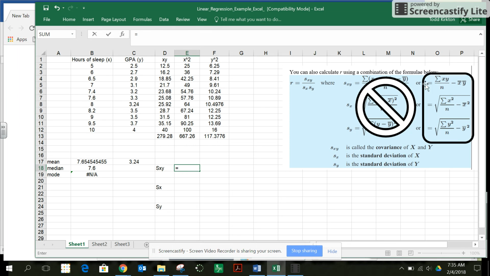I need the total of the xy, this number right here, divided by n, which is 11. There's 11 values, minus the average of the x's, which is that, times the average of the y's, which is that. That's going to give me my covariance.